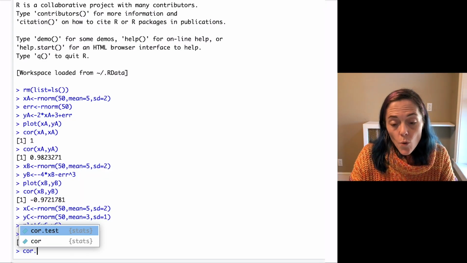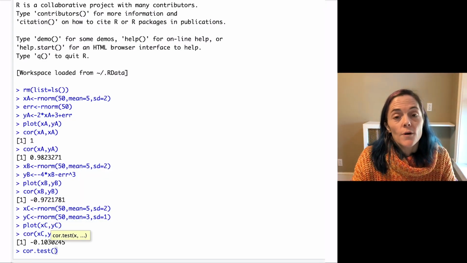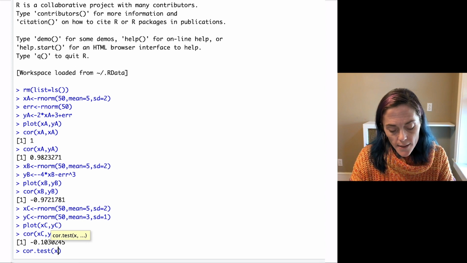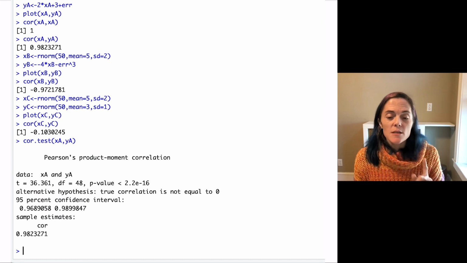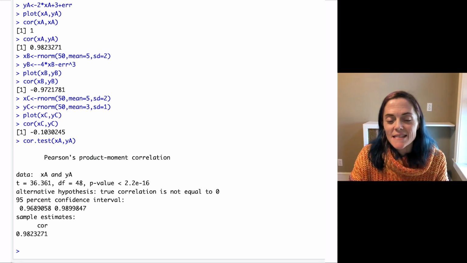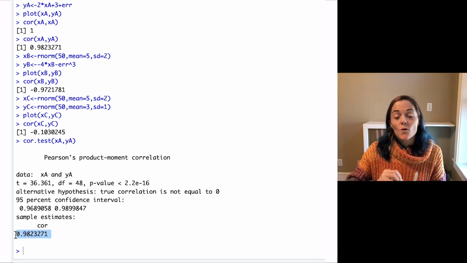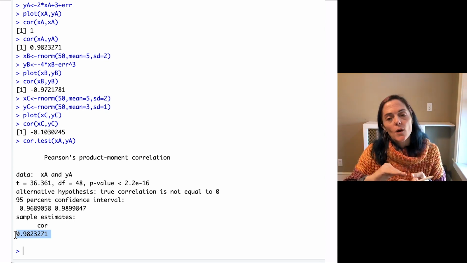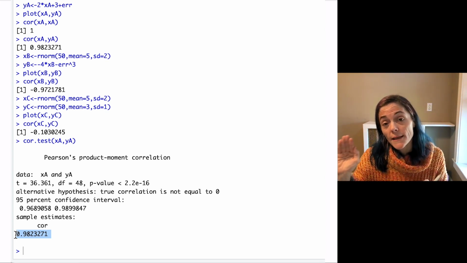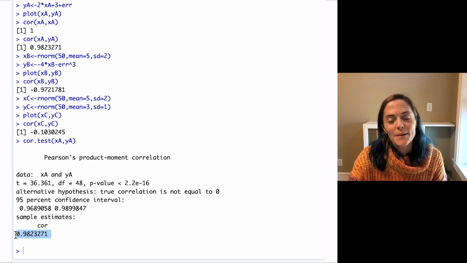We use this cor.test for this test. We can do X capital A, Y capital A. You can see the sample estimate here, which we found earlier. This was for the very first example where we had this strongly correlated positive slope in our picture.